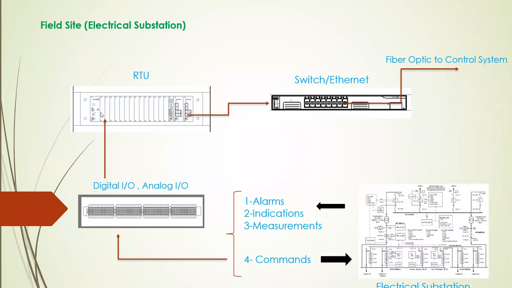Any RTU has power and CPU, CMU. CMU is good for connection to the control system. And then this information and data go through the infrastructure, the communication interface, for example, switch and internet, and use fiber optic to the control system.